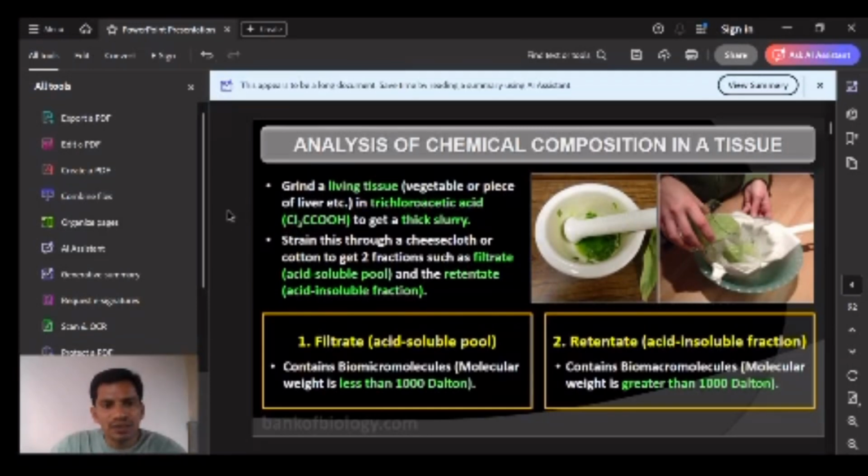So this slide indicates the analysis of chemical composition in a tissue. What tissue do you have to take?